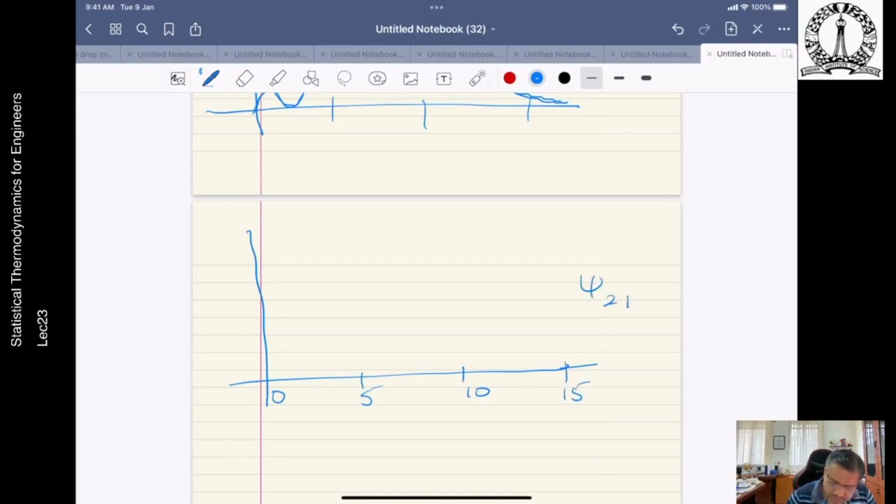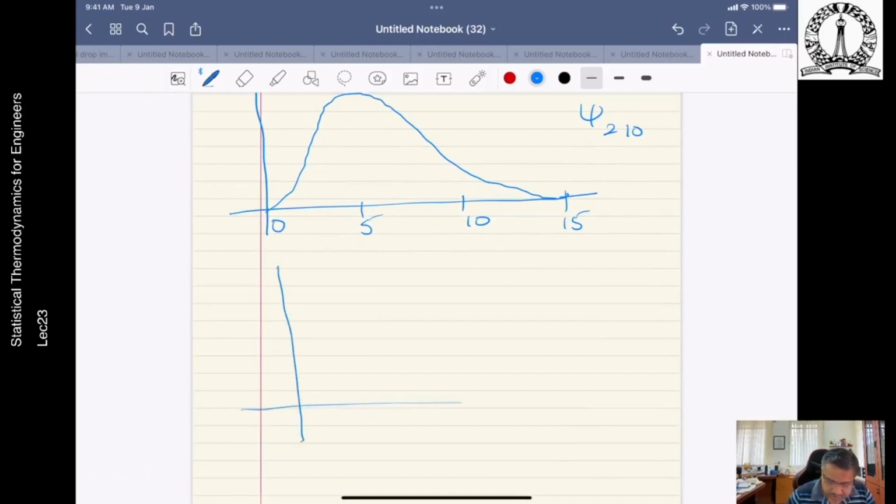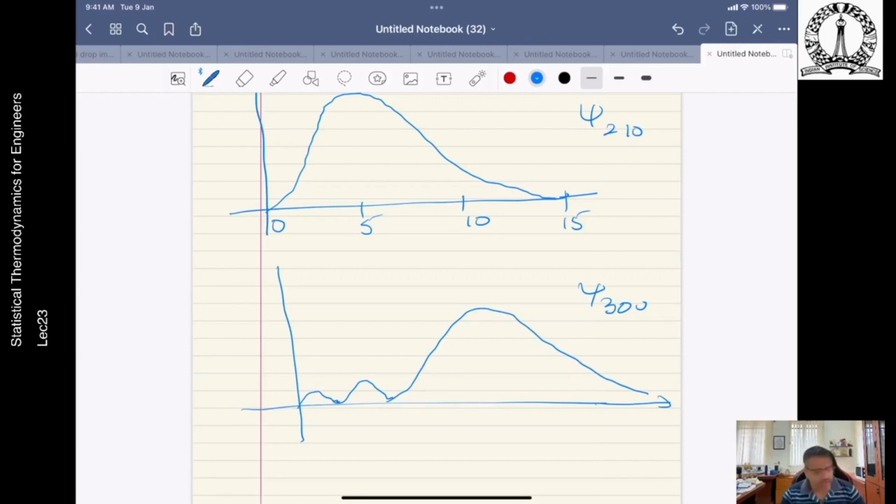This is chi 210, which peaks around 5. If you go on further, chi 300 will be something like this. Now you can do 310 and so on and so forth.